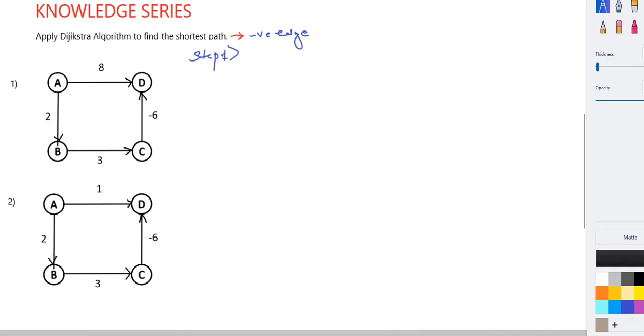By viewing this, it automatically gives an idea that A is the starting node and it terminates at D. So this is the end point. Here also it is an end point and this is a start point.